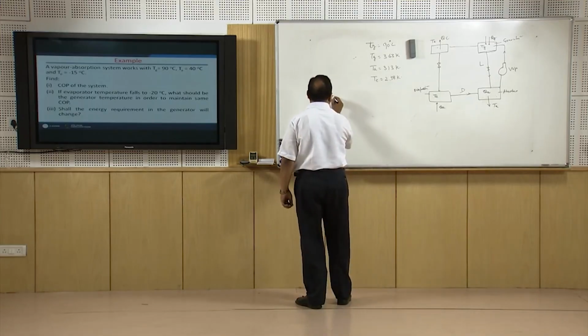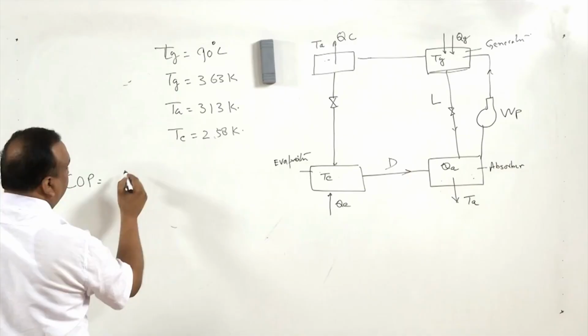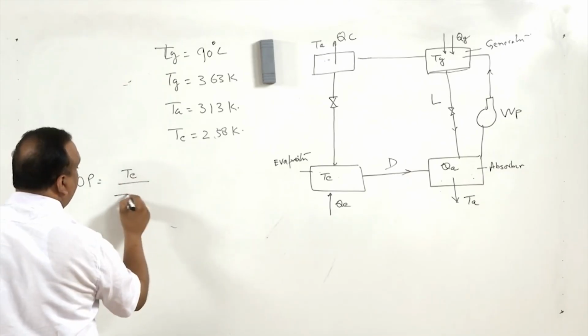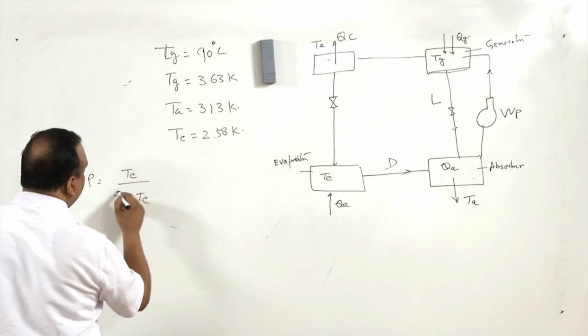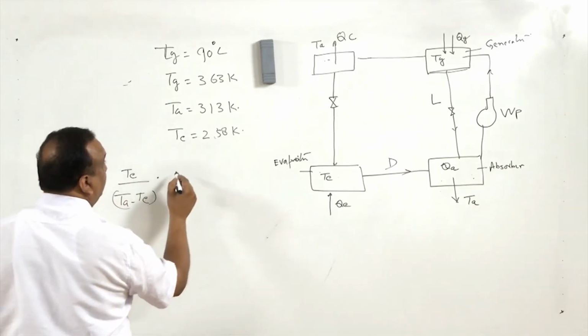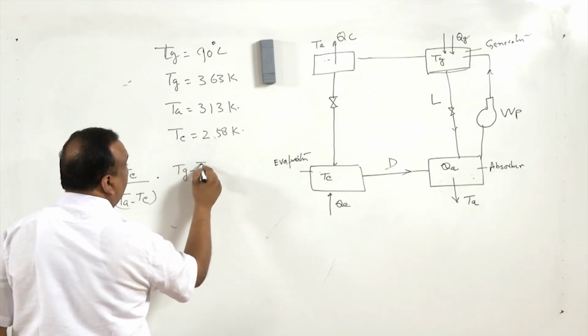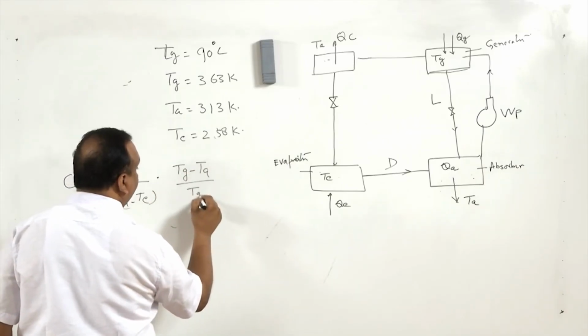Now in order to find COP of the system, it is going to be TE divided by TA minus TE, multiplied by TG minus TA divided by TG.